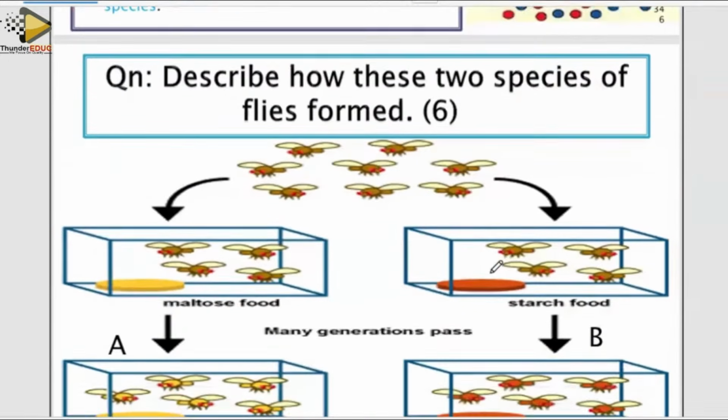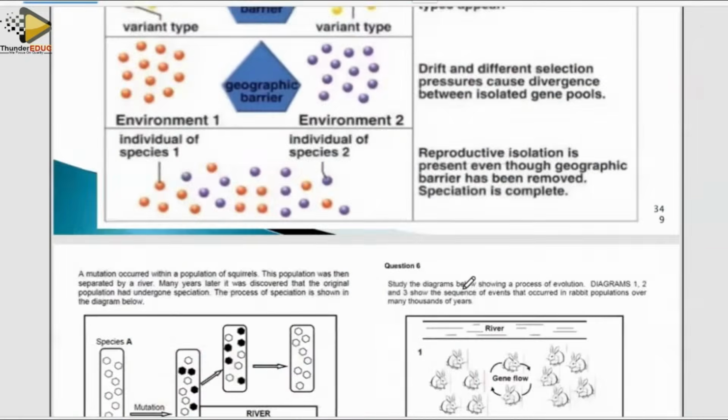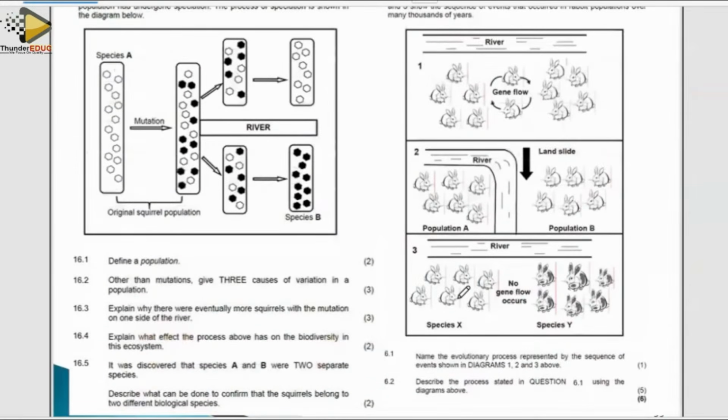But if they give you an example like this, or like this, you have to describe according to the example. So here there's one population of rabbits. The population was divided into two by the river, into population A and B, which means there is no gene flow between these two populations.